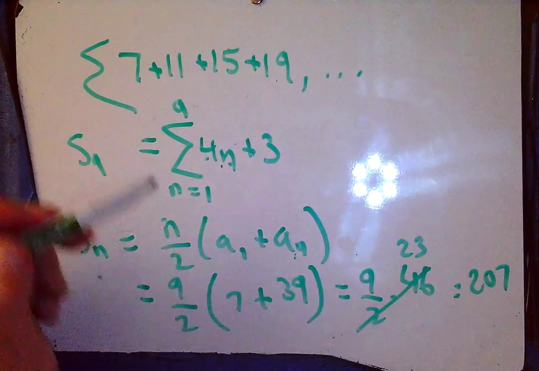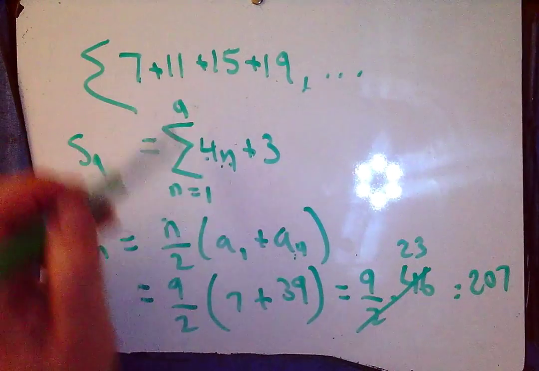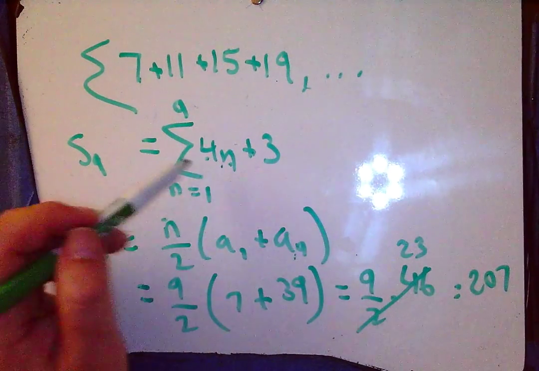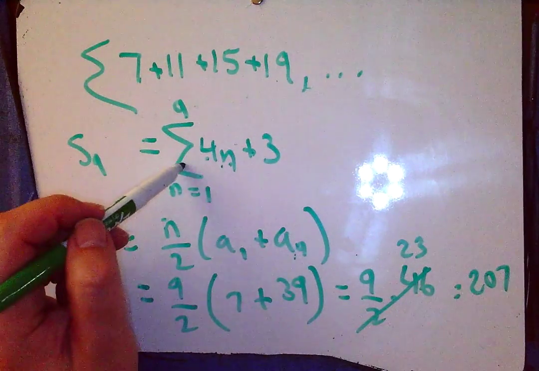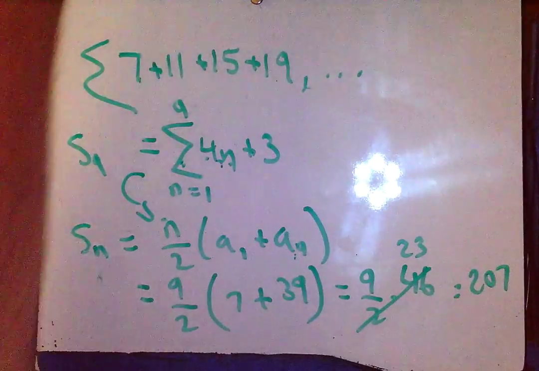So I can describe the sum of all these things by using this shorthand notation. And then once I see this familiar shorthand notation, oh, sigma is a sum, I can just jump to my sum formula. Okay, so the same thing's going to happen with geometric sequences.